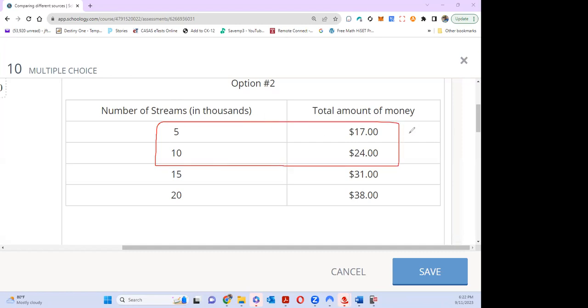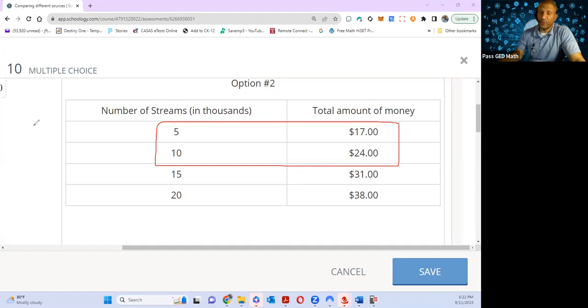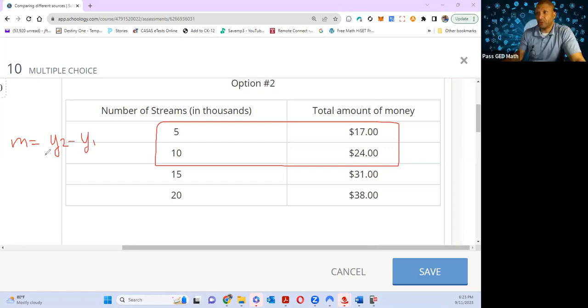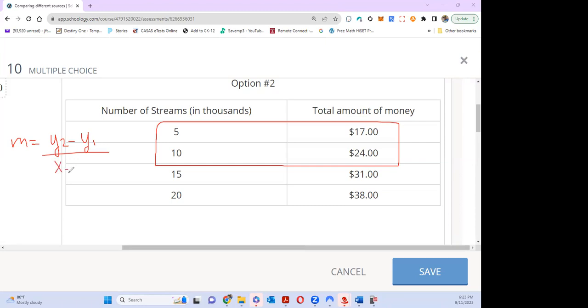So what is the formula to find the slope? y2 minus y1 over x2 minus x1.